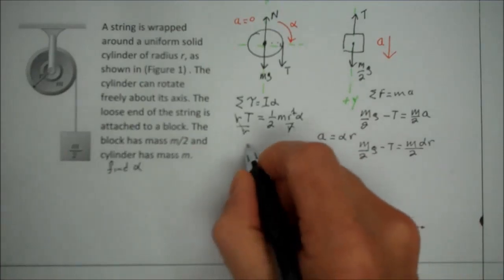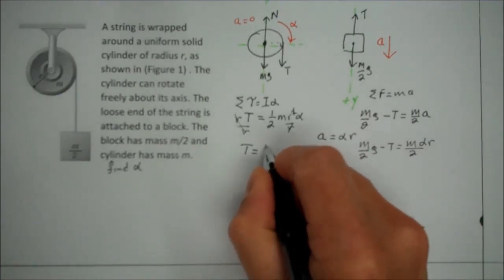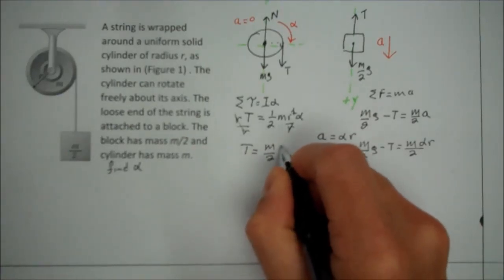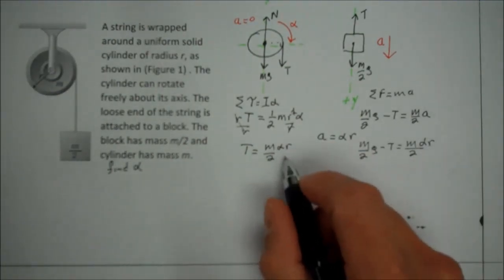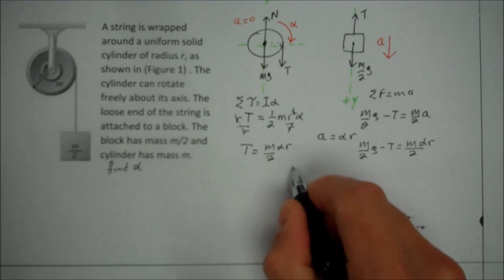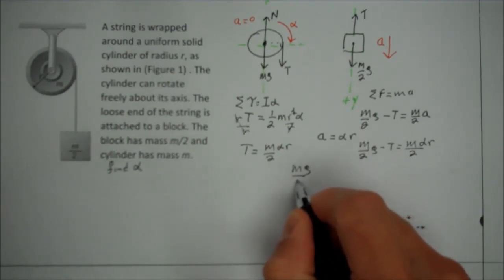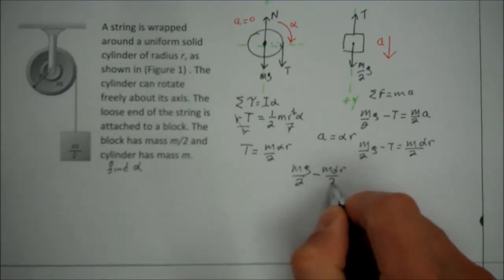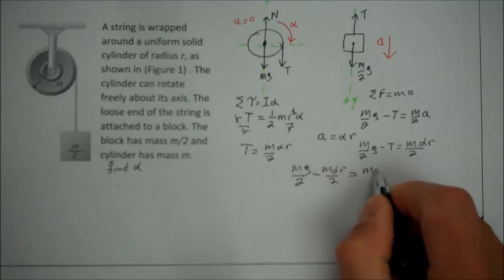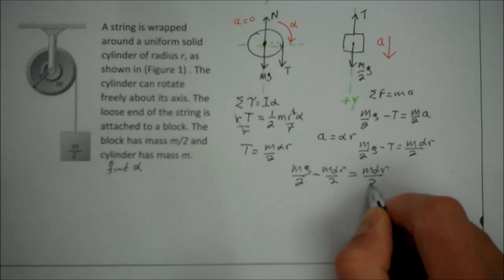I get T is equal to (M over 2) alpha R. Looks very familiar. Substitute that over there. I've got mg over 2 minus m alpha R over 2 equals m alpha R over 2.